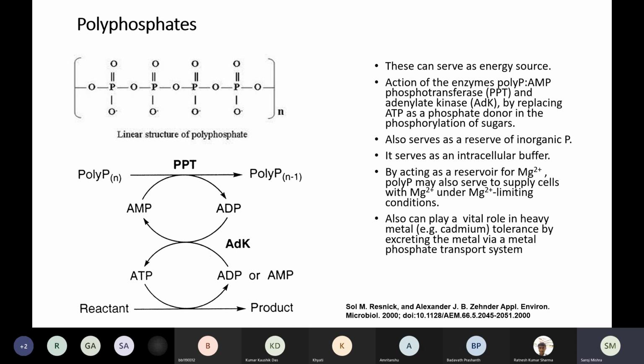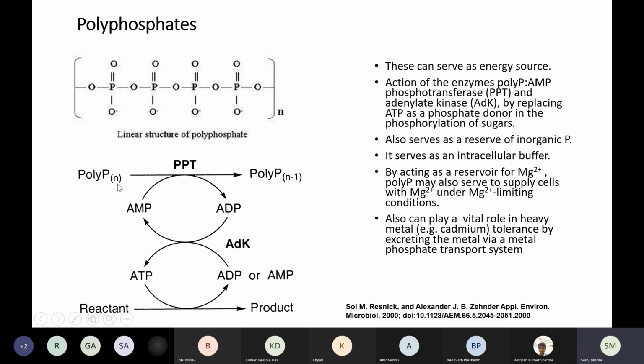You also saw that polyphosphates can serve as an energy source, and they can also be used for synthesis of ATP, which is explained in this figure: the polyphosphate can be hydrolyzed by enzymes like phosphotransferases.